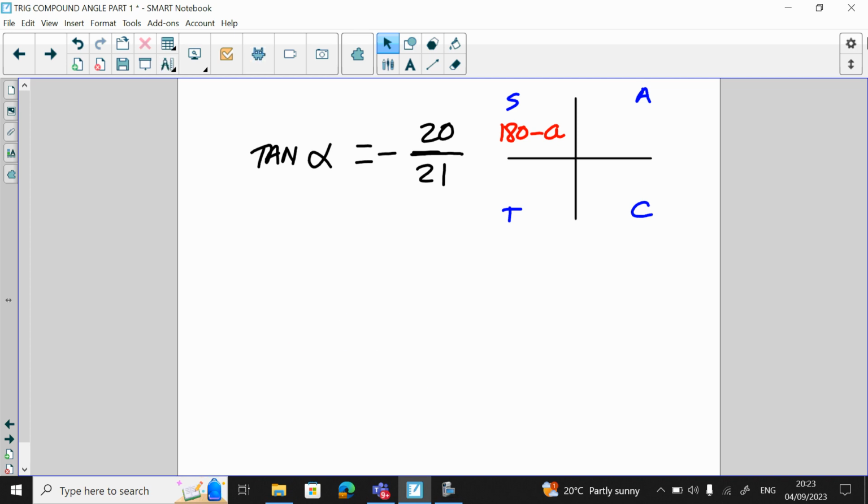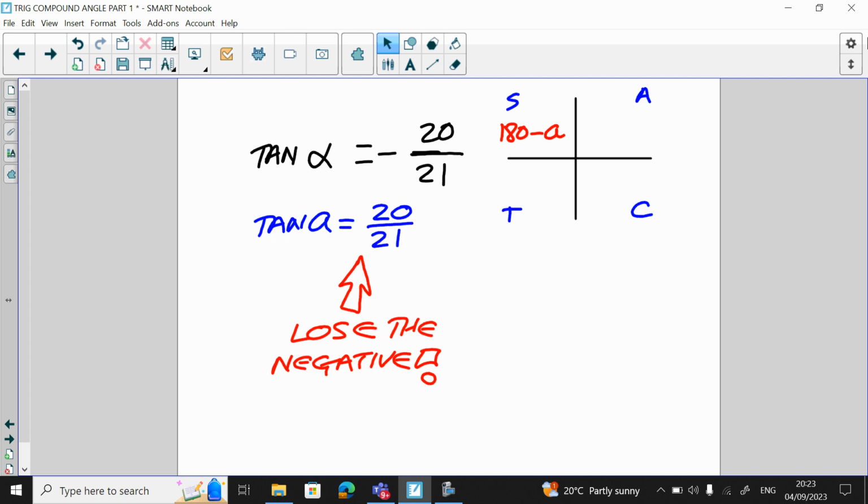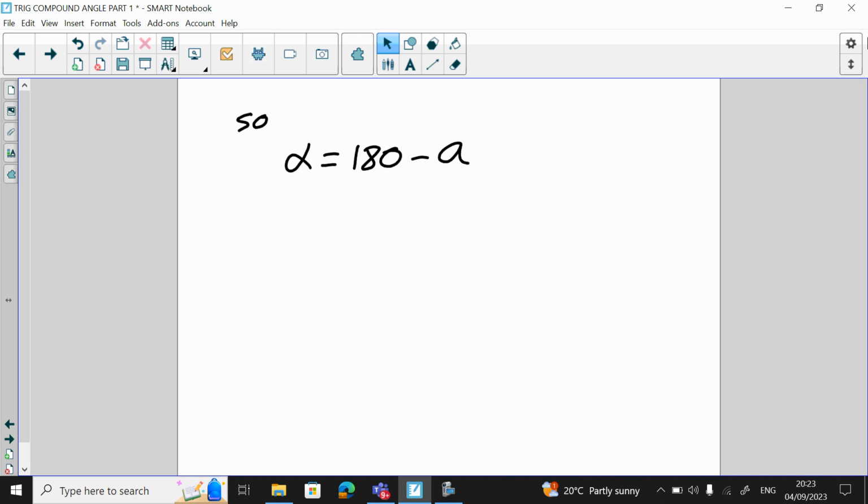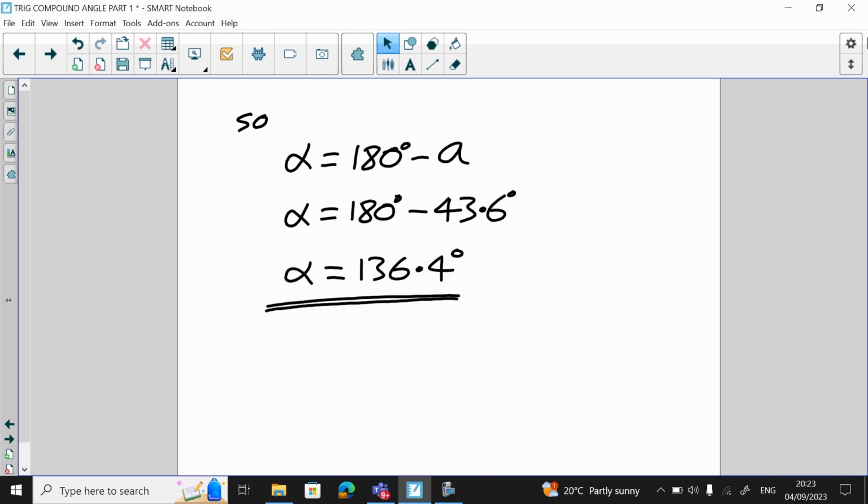Just get rid of the negative here. Other systems do work, so don't get upset. I popped it in my calculator and got 43.6. For my true alpha, I take 180 away 43.6 and get 136.4. That will do me.